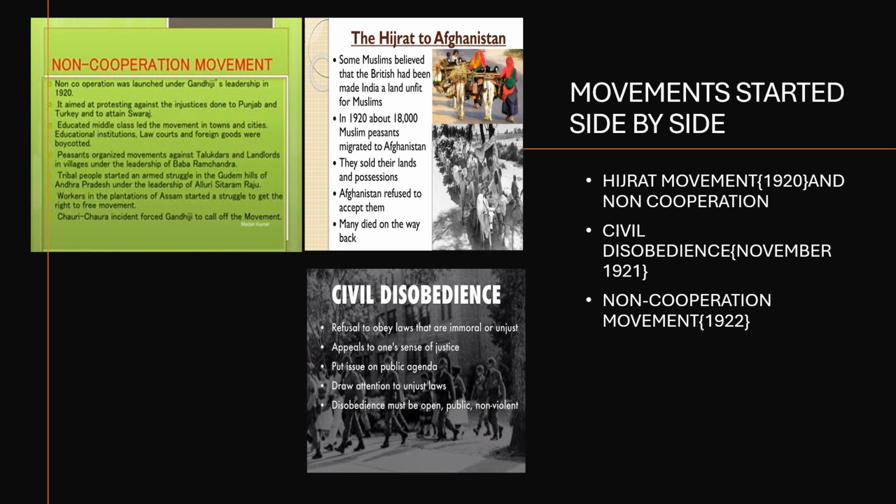The next movement is non-cooperation. It started in 1920 and afterwards in 1922 as well. Both times the non-cooperation movement was started. In the non-cooperation movement, Gandhi asked the public to boycott the jobs and the courts, and to renounce their titles.